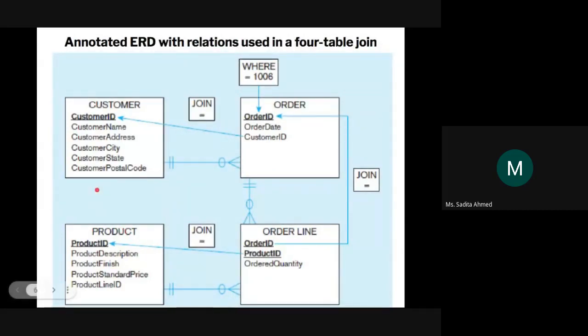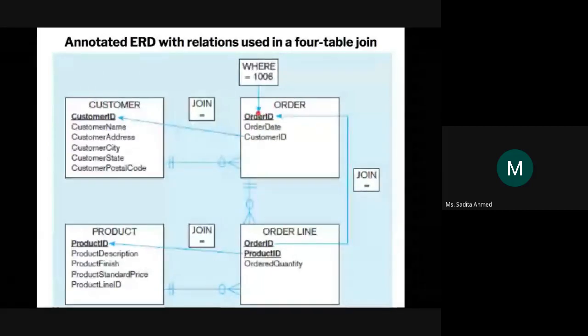So if you wanted to visualize connection, this is how the connections would be established. Let's say, for example, when we are joining multiple tables to pull the invoice data, what's going on there? So where order ID is equal to 1006, from the order table I first have to search which row has order ID 1006.